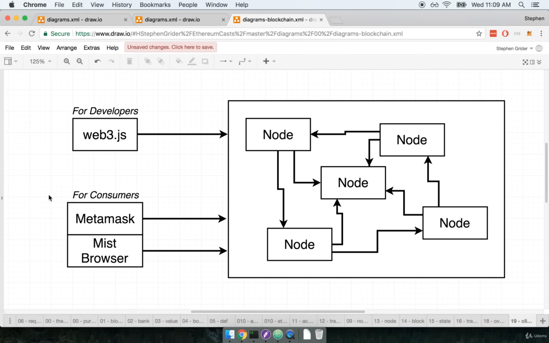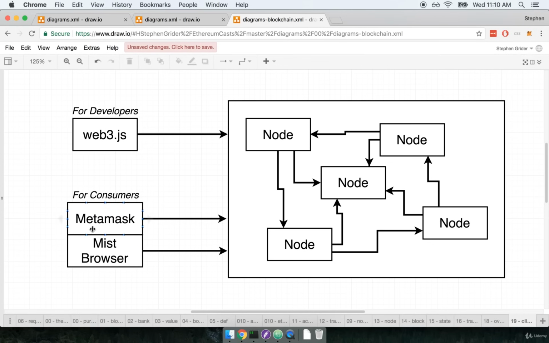For those people, for consumers, there are two great solutions on the market right now. The first is called MetaMask. MetaMask is a Chrome extension or a browser extension that allows common people to interact with the Ethereum network. The other is the Mist browser, and this is more of a full-featured web browser that is intended to be used to browse different Ethereum applications.